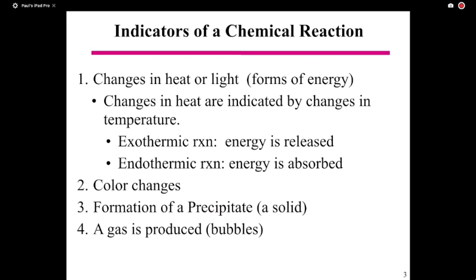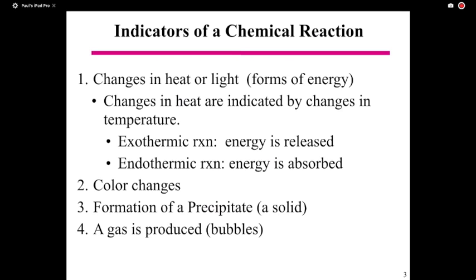We have two terms, exothermic and endothermic. Thermic refers to heat, the movement of heat, like a thermometer. We're metering the heat. Exo means out, endo means in. So in an exothermic reaction, energy is released.